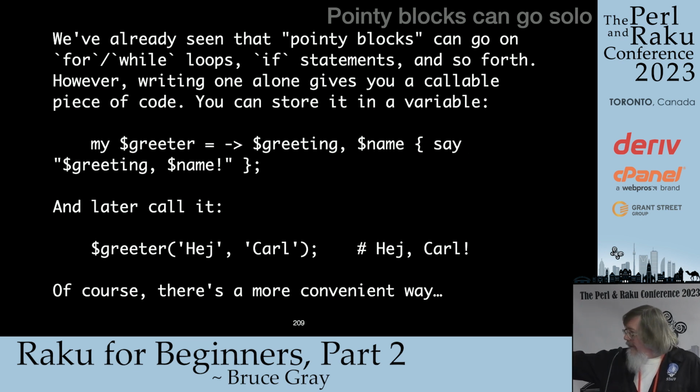But what's in greeter after that statement finishes, we don't technically call it a subroutine, but it's a subroutine. It's a block that you can call that takes parameters. It works like a subroutine. It's anonymous. It doesn't have a name. It's stored in a variable, but it's callable code. And there I call it, and it works just like I had written it as a subroutine.